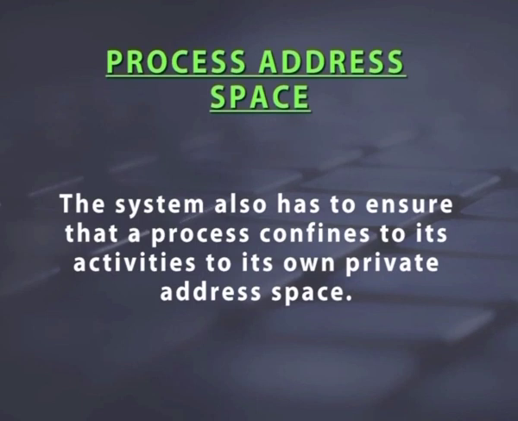It must not be able to interact with other processes or the kernel except through a set of communication primitives supported by the operating system. The system also has to ensure that a process confines its activities to its own private address space.